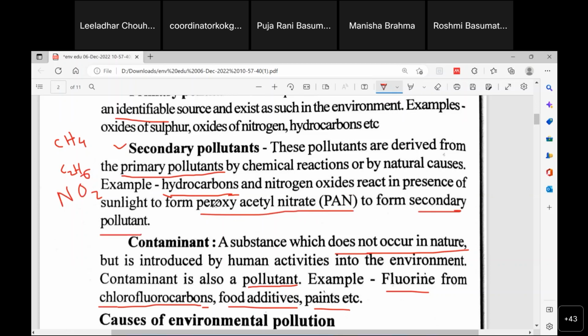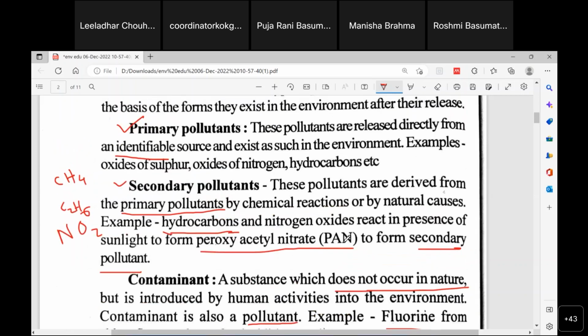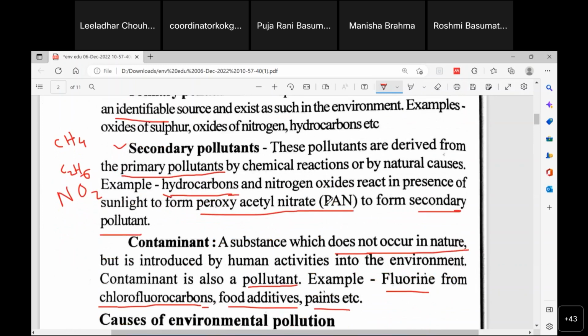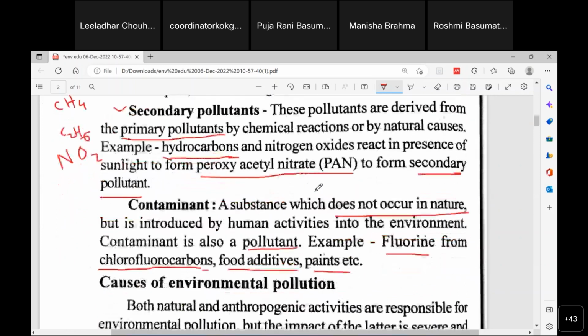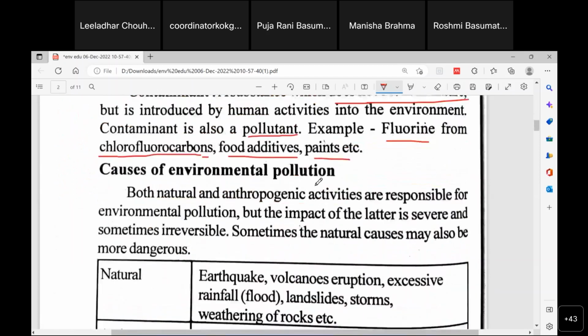So in the exam they give this as an example of a secondary pollutant, in a fill-in-the-blank. You should remember the name peroxyacetyl nitrate, although it is PAN, it is not that pan which we see. It's a short form, in chemistry it is peroxyacetyl nitrate. It's an example of a secondary pollutant.